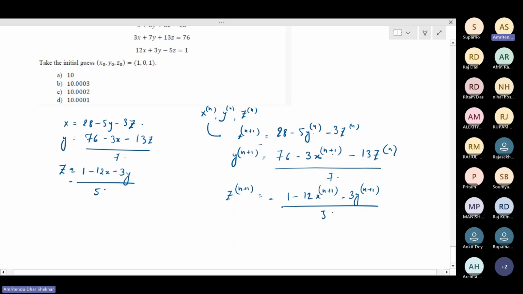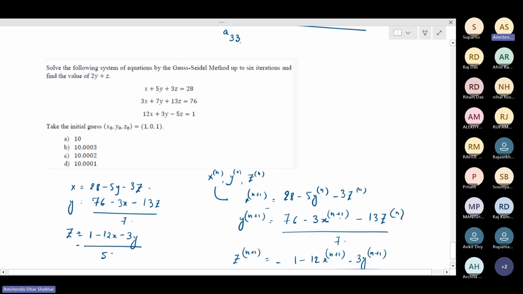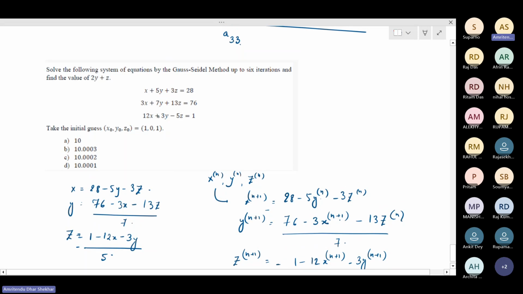So this is my iteration scheme, and starting off with any initial guess, if I perform 6 iterations, I'll arrive at the answer. I hope this is clear, pretty straightforward. I'm not going to discuss things like the convergence of this method and why this works. I don't think it's part of this.